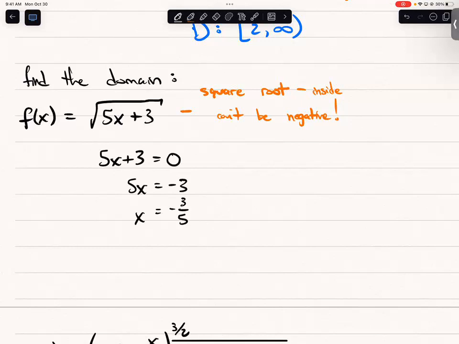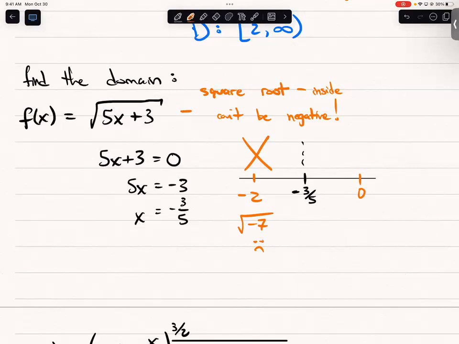But then what happens is that if I take this thing and shift it over and stretch it out somehow, to the left of -3/5, this would be undefined. Because if I plug -2 in, I get -10 plus 3, so -7, which is imaginary.